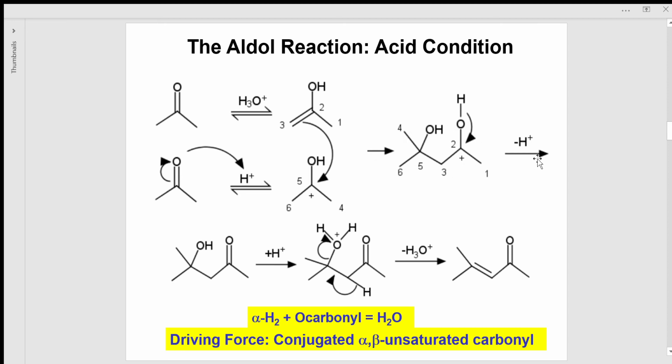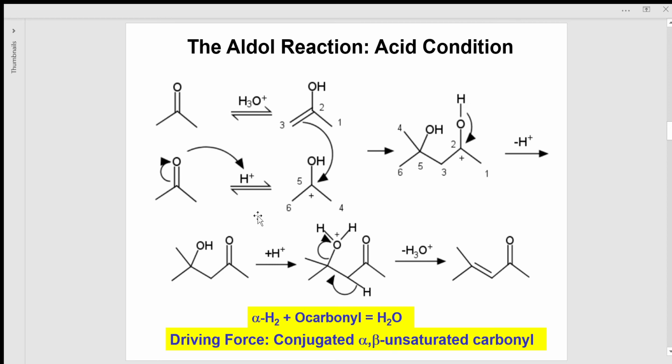So the next step, again, the condition of this reaction is acid condition. We can do a water formation reaction, the deprotonation of this hydrogen.